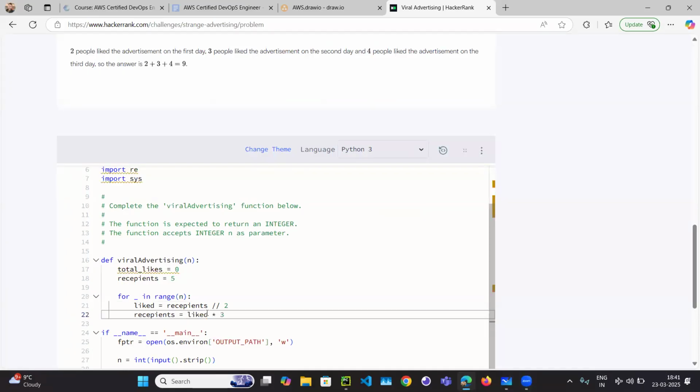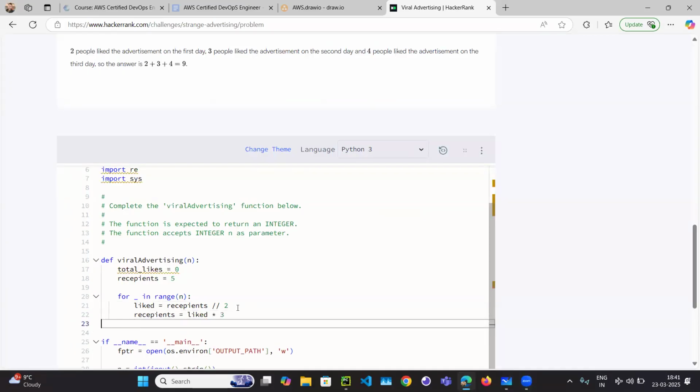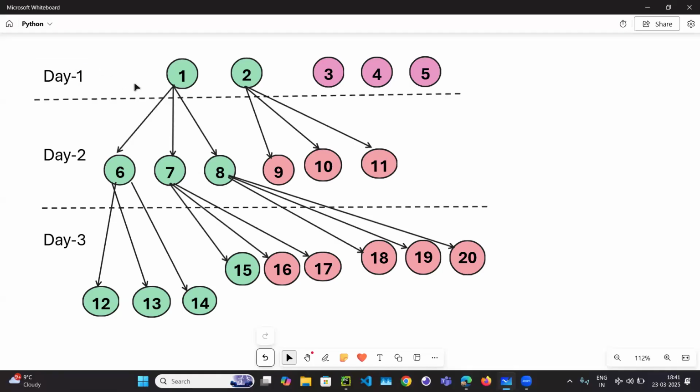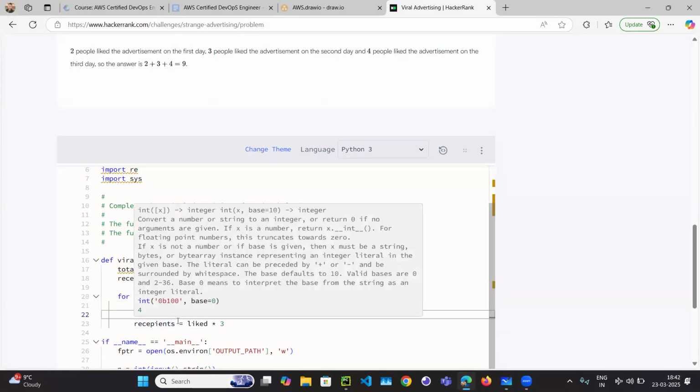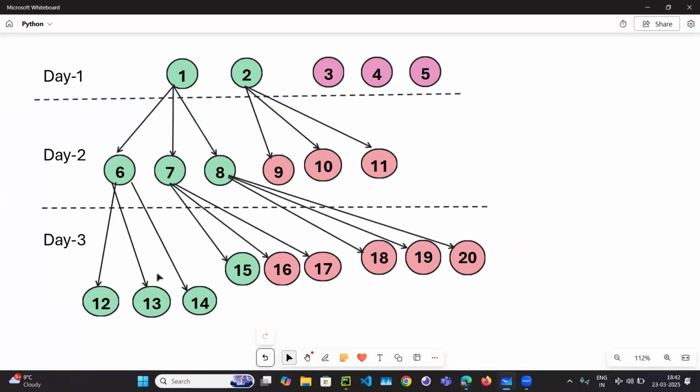Liked star 3, right? But before that, we have to calculate by the end of day one, because otherwise the arrow will go to the second day. But anyhow, it doesn't matter, it's just for the coding, as we are just writing into the code.